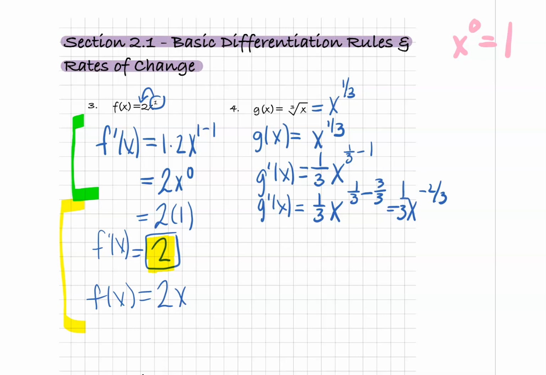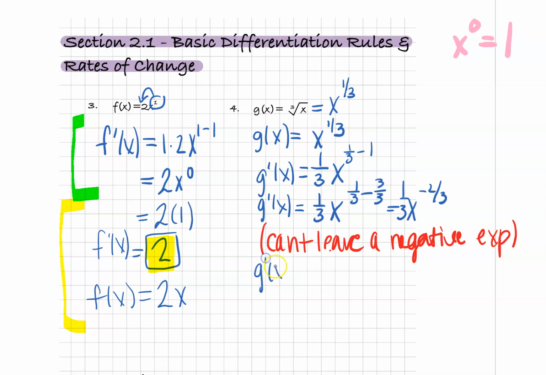And again, back to our algebra, you can't ever leave a negative exponent. So you've got to do some cleanup. Not done yet. So then this would mean that g prime of x is equal to, now remember, if you have a negative exponent, whenever you have a negative exponent, you're going to move it in order to create a positive exponent.